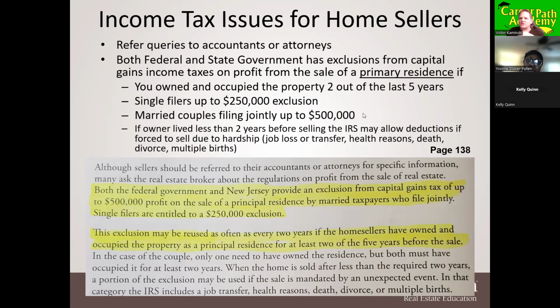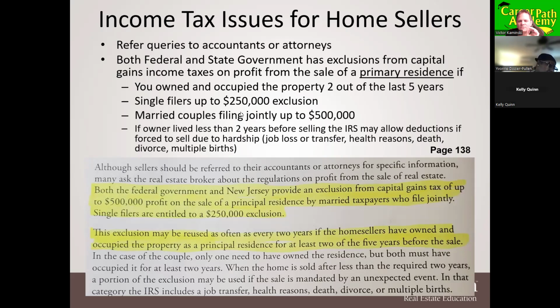So basically, if you bought your property for $500,000 and now it's worth $1 million, and you sell it for $1 million, and you lived in it for at least 2 years, you're gaining $500,000 profit. So if you're a married couple and you file your taxes together, you pay 0 state or federal income taxes on that $500,000 profit.